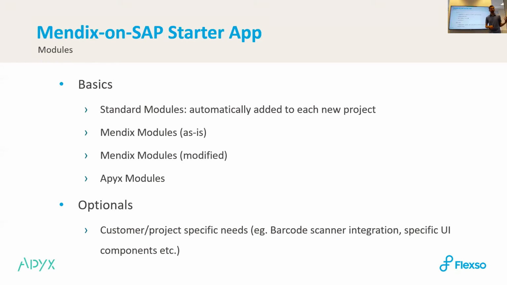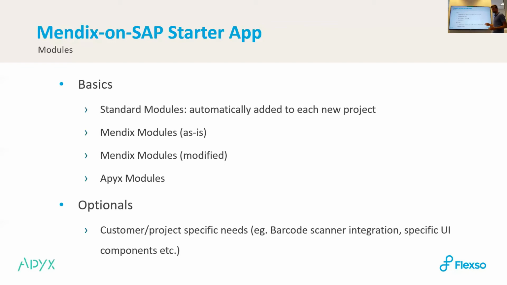For example, in a project we did last, we created screens that run on an Android barcode scanner. So the integration with that barcode scanner is something that we've built once and we can reuse multiple times. But that depends on which kind of application you want to build first or what you want to include in that starter app.